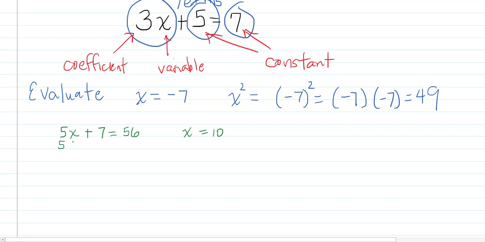Well, all you do is where you see x, you actually plug in the 10, and then you just evaluate this side. So 5 times 10, 50. And then as I can see, certainly 57 does not equal 56. So that would be a solution.